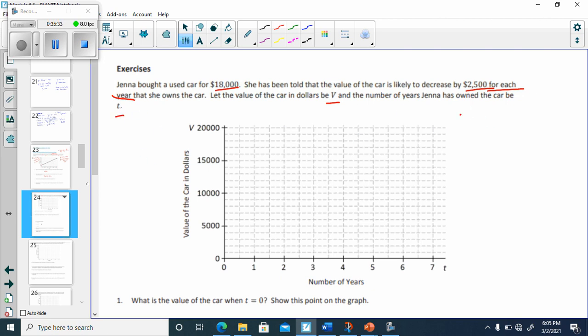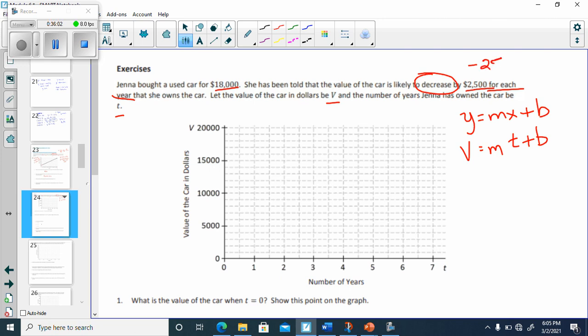Okay? Now we can start with Y is equal to MX plus B. We're talking about the value of the car, which is on your Y-axis. That would be V. Here's your rate of change. Your X, number of years, is called T, plus B. What is our rate of change? It's $2,500, but it says it's going to decrease by $2,500.